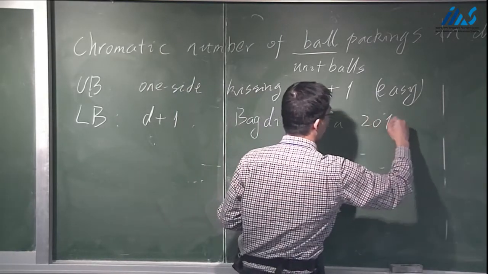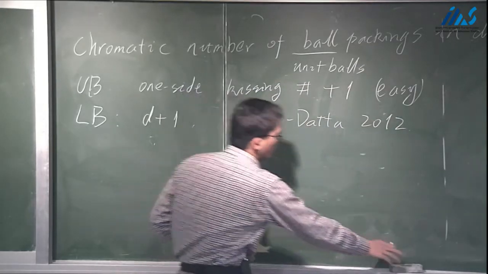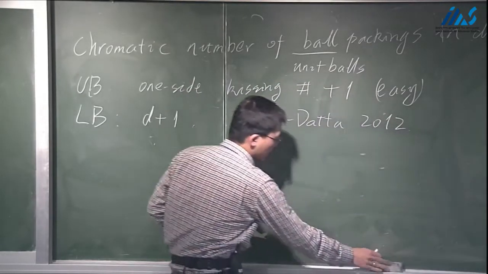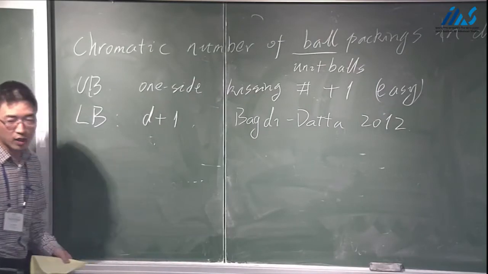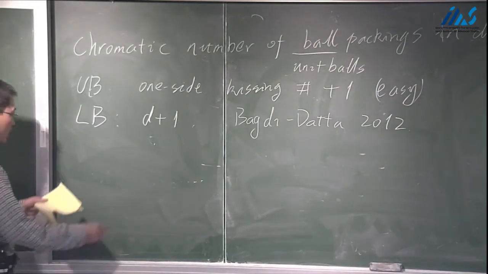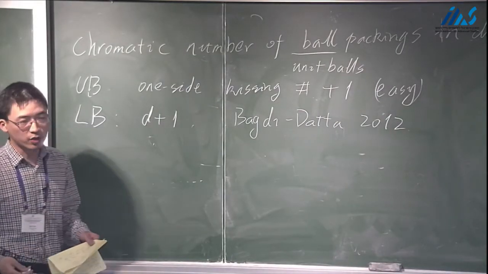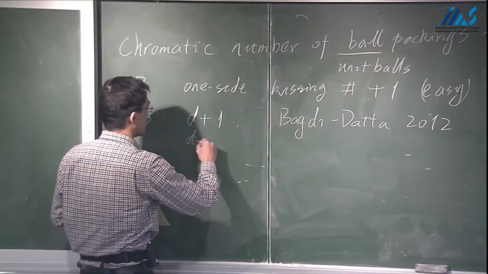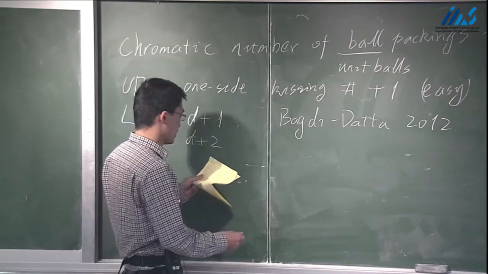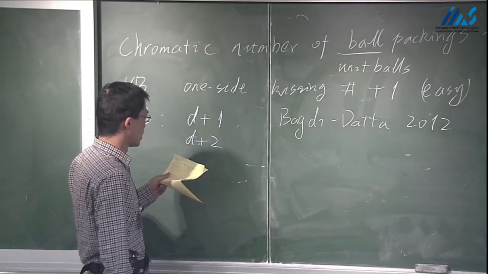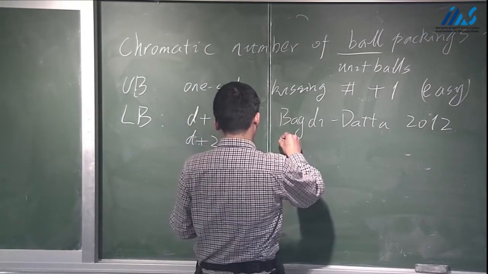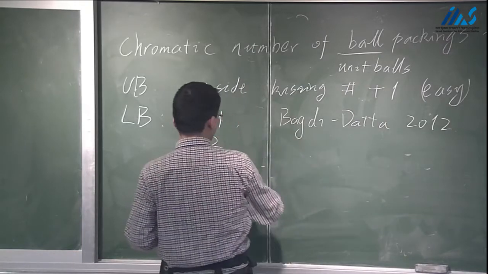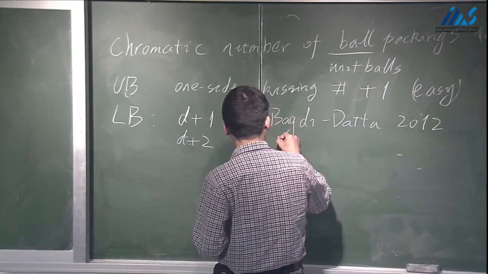in 2012. In this paper, they formally asked this question as a generalization of the four-color problem, because in dimension 2, disk packings is just a planar graph. In fact, before them, there is a non-trivial construction of a lower bound that gives D plus 2, which uses a spindle.